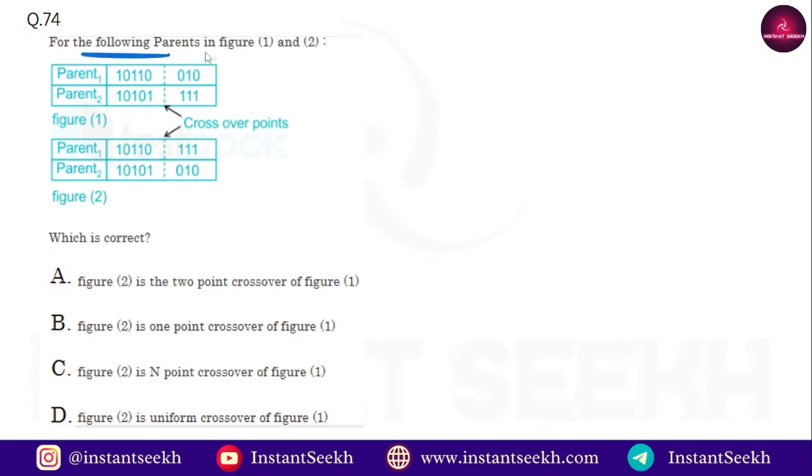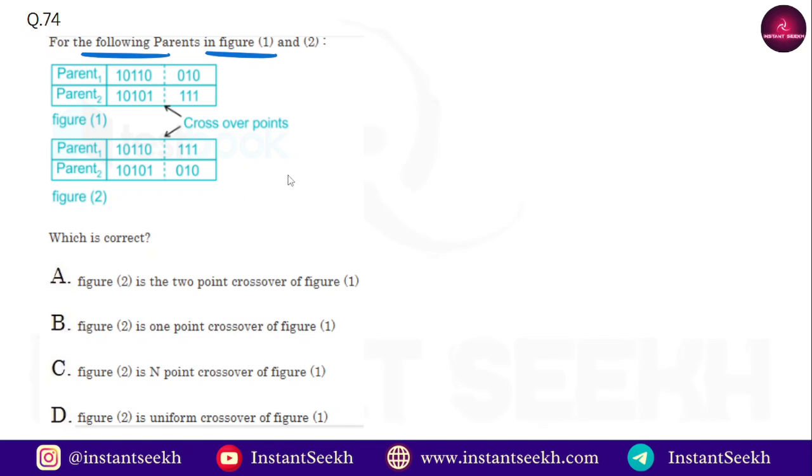For the following parents in figure 1 and 2, figures are given with parents, which one is correct? Here, if you can see, parents are given and the cut or crossover point is given. Crossover is basically mixing genes of two parents to create new kids, or new solutions, in simple terms.